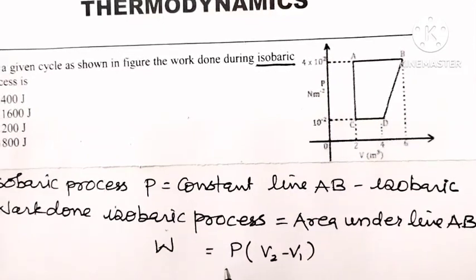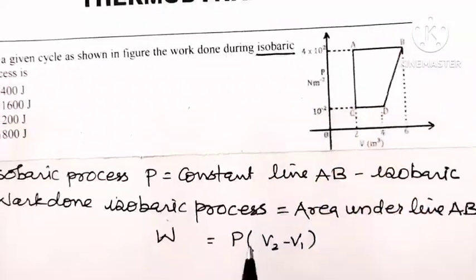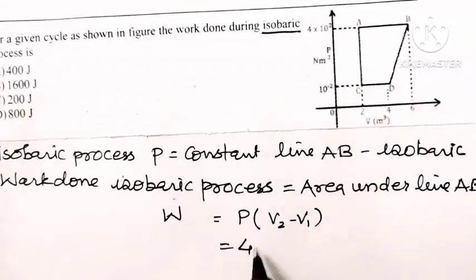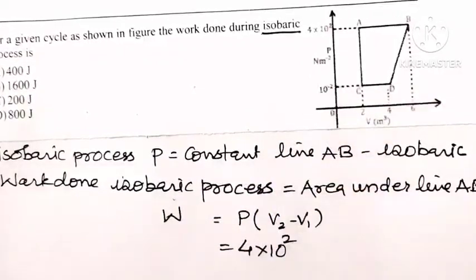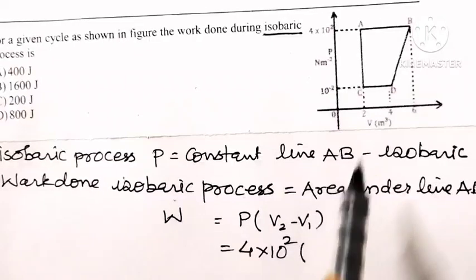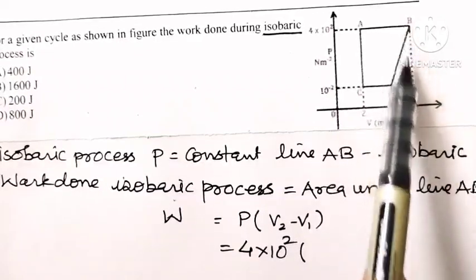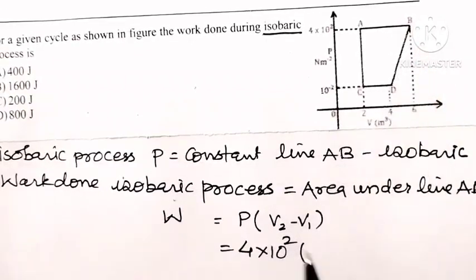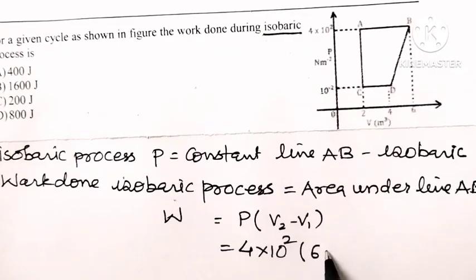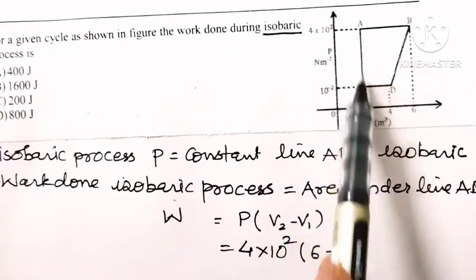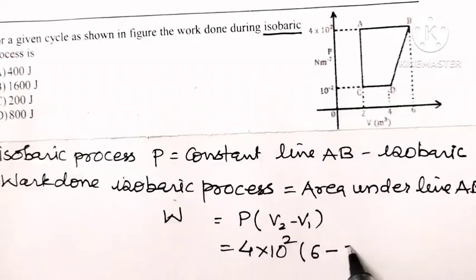Now what is P? The value of P is constant, that is 4 into 10 to the power 2 Newton per meter square. It is the pressure taken on the y-axis. Now in bracket, look at point B, it corresponds to volume 6. So V2 is 6 minus, look at point A, corresponding volume is 2.